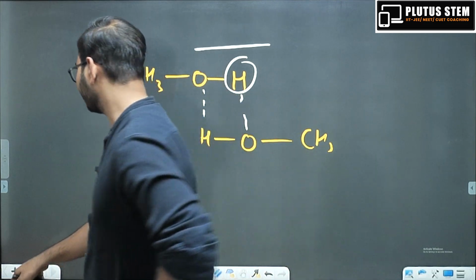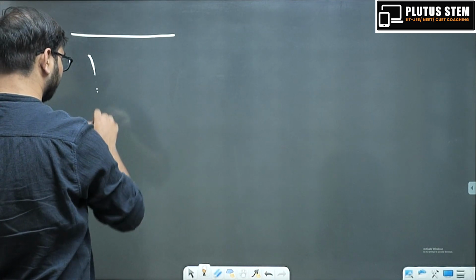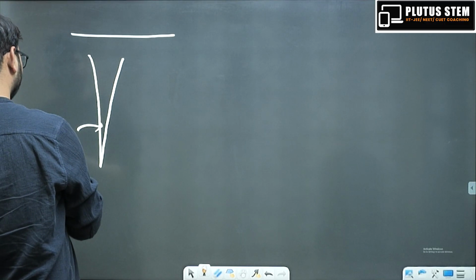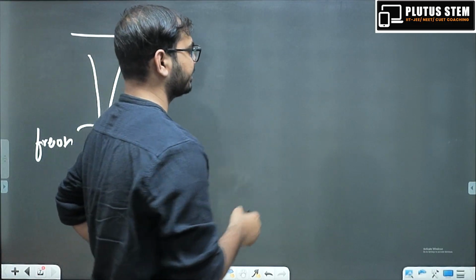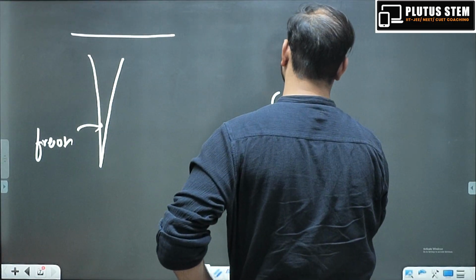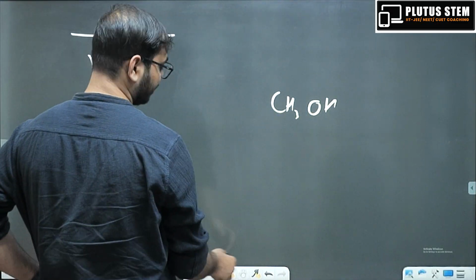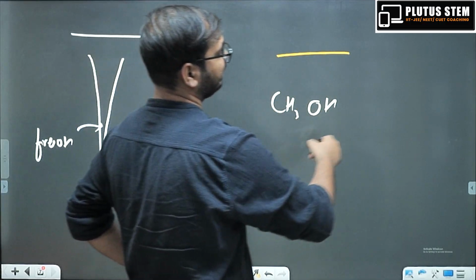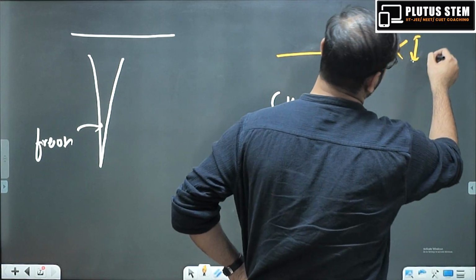So if you go for a concentrated solution, you will get one sharp peak corresponding to the free OH group. But in a concentrated solution, since the alcohol molecules can interact with one another, this will lead to an increase in the bond length because of bond polarity, and because of which the bond constant decreases.